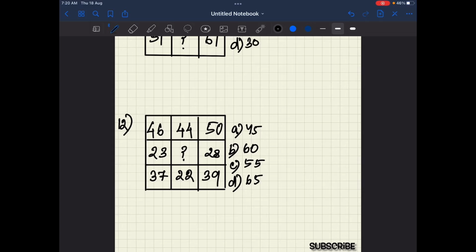We can write it as 46 plus 44 divided by 11 gives us 50. So the second term can be written as 23 plus something divided by 11 so that it gives us 5. It is simple, 55 divided by 11 gives 5, and 23 plus 5 gives 28. The answer is 55.